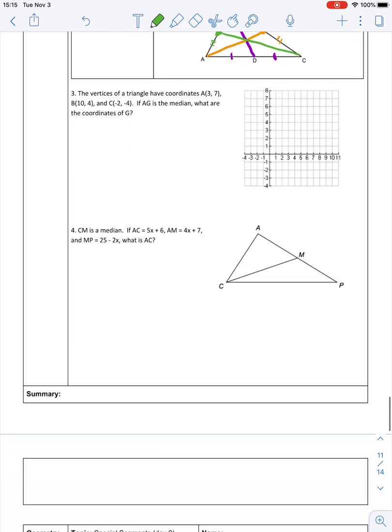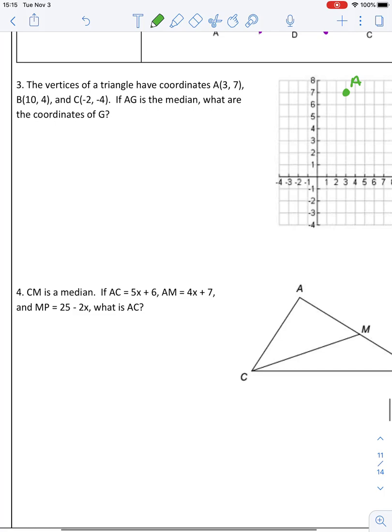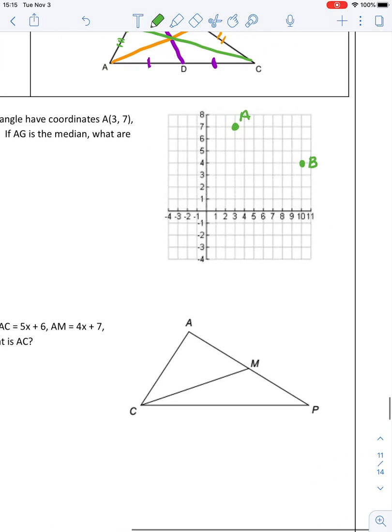So let's look at this. The vertices of a triangle have coordinates: A is at 3, 7. B is at 10, 4. And C is at -2, -4. So I have this triangle here.